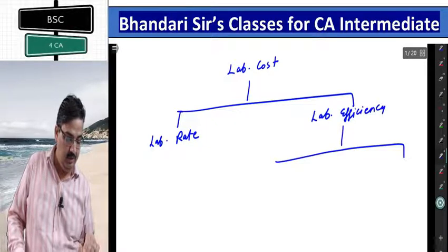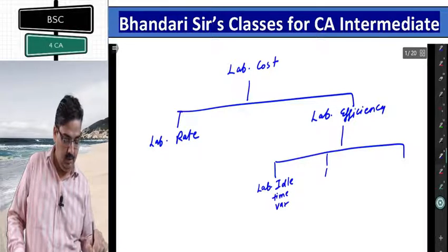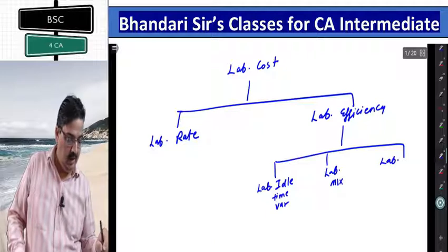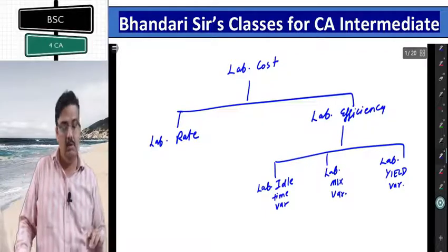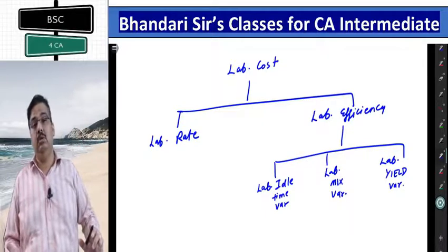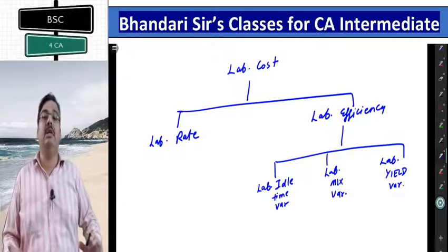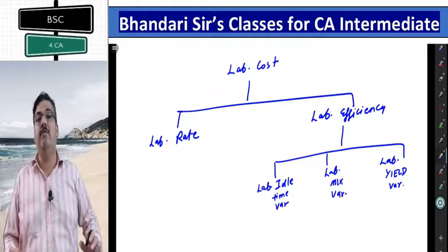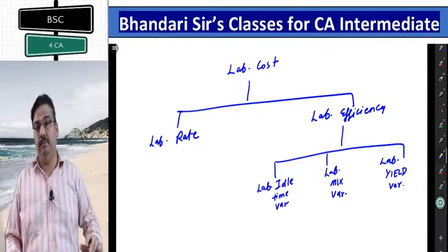Under efficiency, we talked about three variances: labor idle time, labor mix, and labor yield, which is also called sub-efficiency variance. Now, some authors don't agree to this classification.